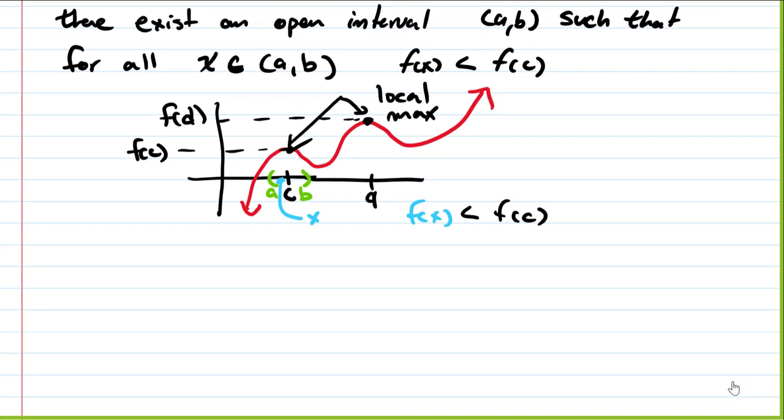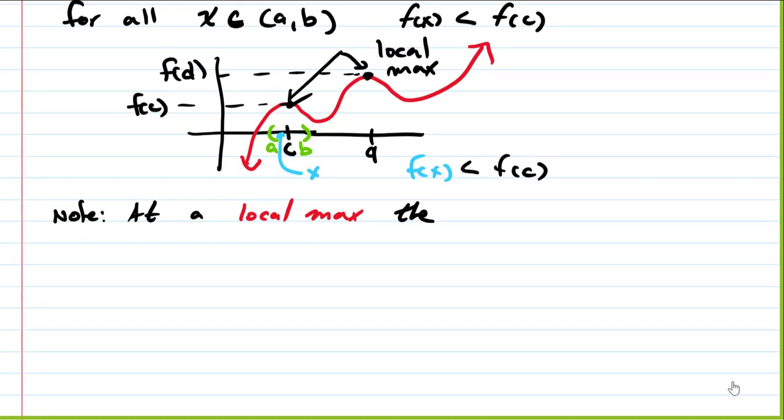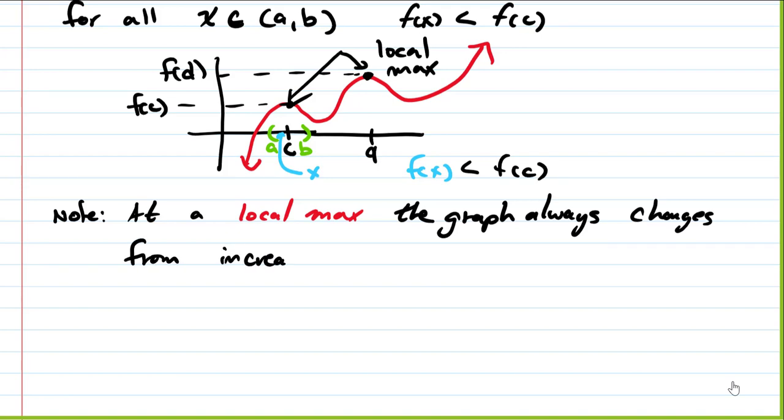An easier way to help realize what's happening here is to note that at a local max, the graph always changes from increasing to decreasing.